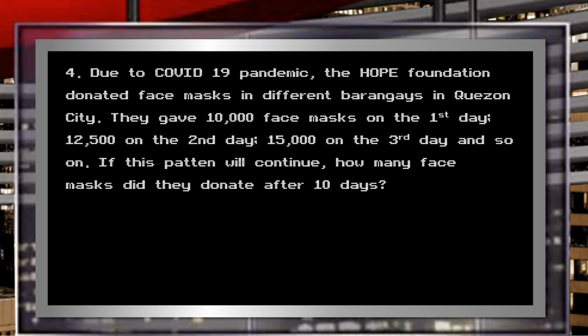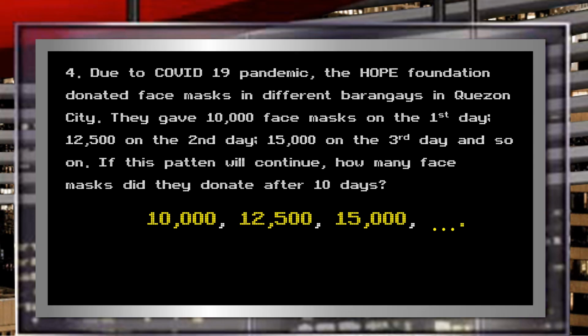Now, when we rewrite the sequence, we have 10,000 as our first term, 12,500 as our second term, 15,000 as our third term, and so on. Dapat makaabot hanggang 10 days. So, we have the given S sub 10. Yun ang ating nawawala.